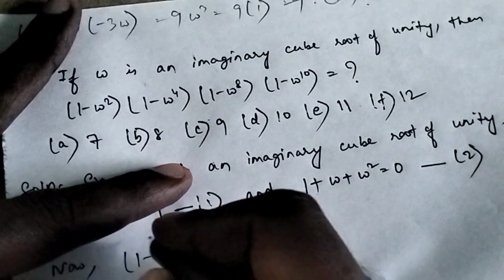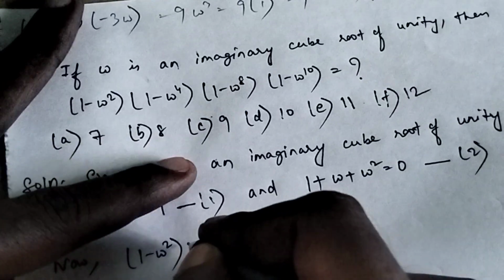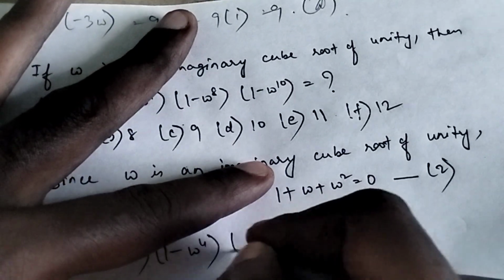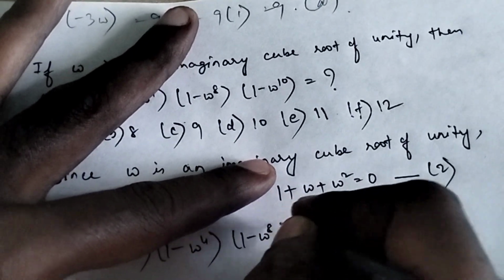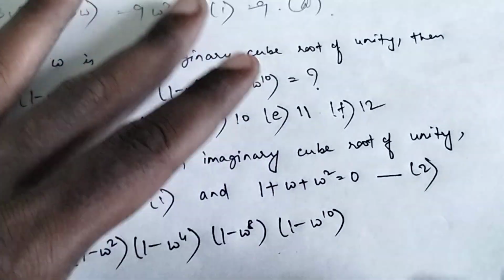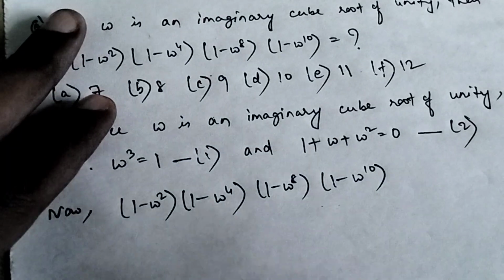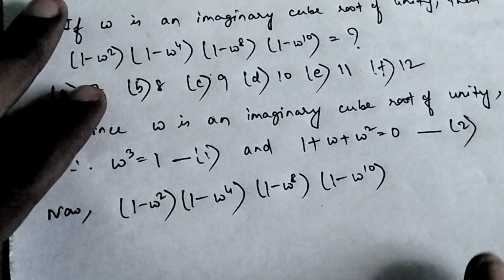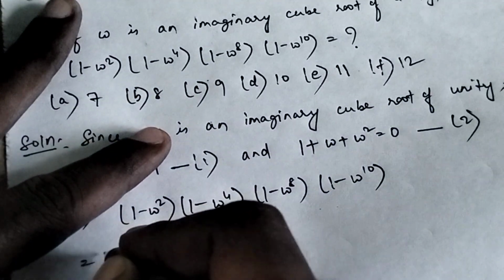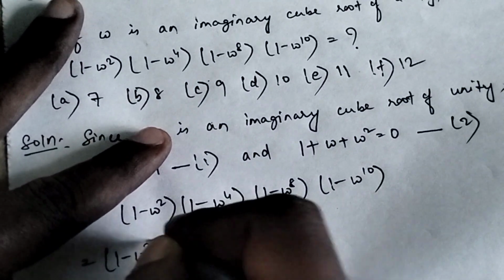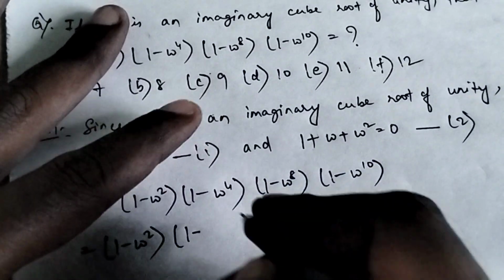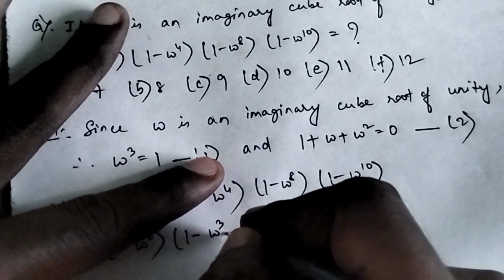1 minus omega square, 1 minus omega to the power 4, 1 minus omega to the power 8, then 1 minus omega to the power 10. This is the given expression, the value of which we have to find. So let's start. 1 minus omega square. 1 minus omega to the power 4 can be written as omega cube into omega.